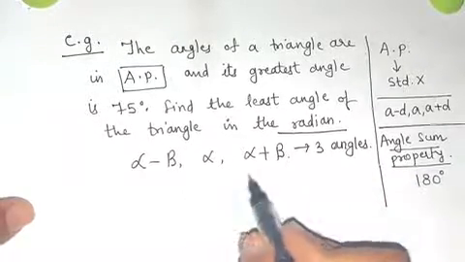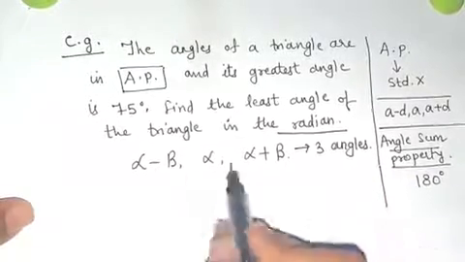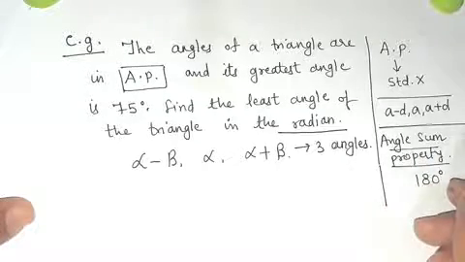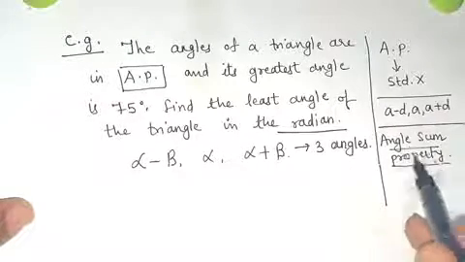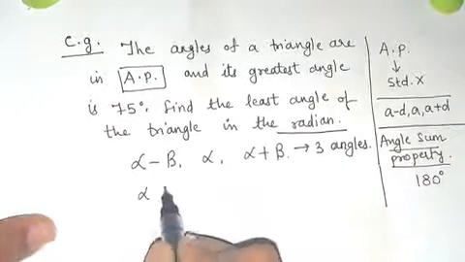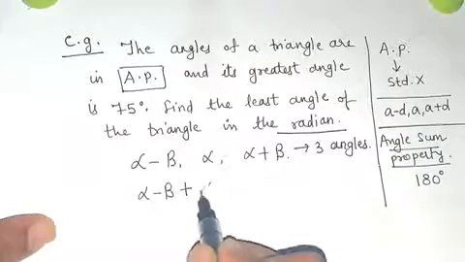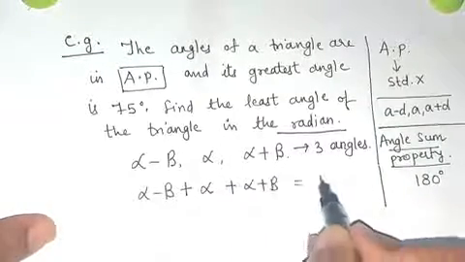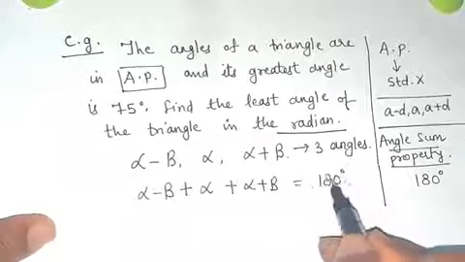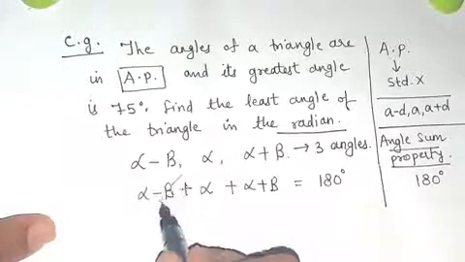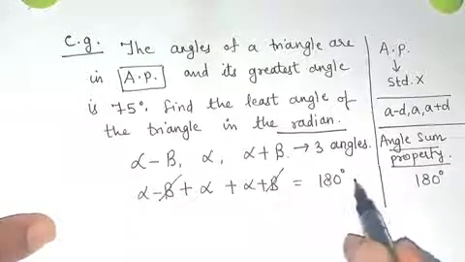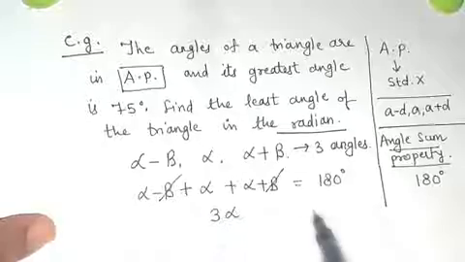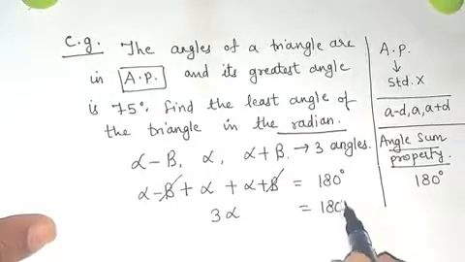Now they are in AP, that is why we have used this type of system. Now applying angle sum property, so alpha minus beta plus alpha plus beta equal to 180 degree, that is pi radian. Minus beta plus beta cancel, 3 alpha equal to 180 degree.